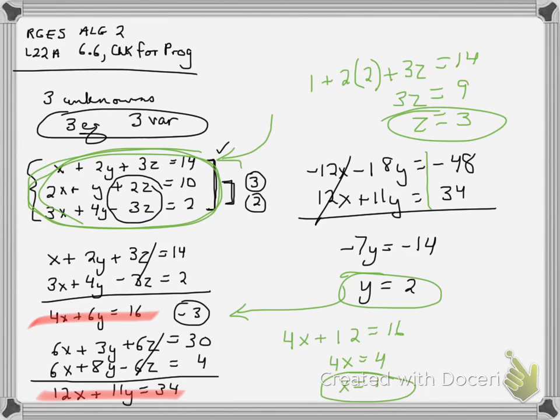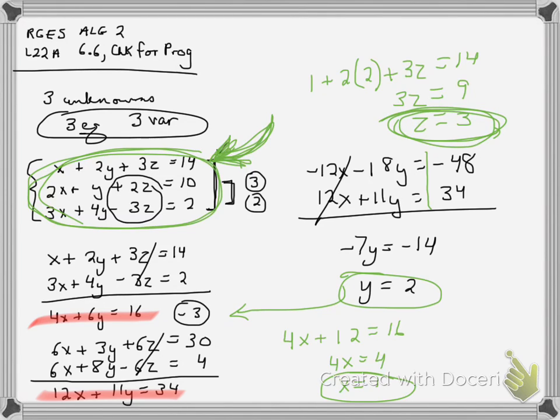Whoops, I forgot to record that. So actually what I did then was, after I solved for x, I took the first equation right up here at the top, and I plugged in values for both x and y to solve for z. And now I've got values for all three variables.